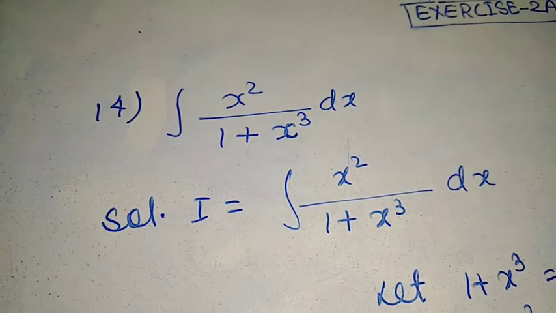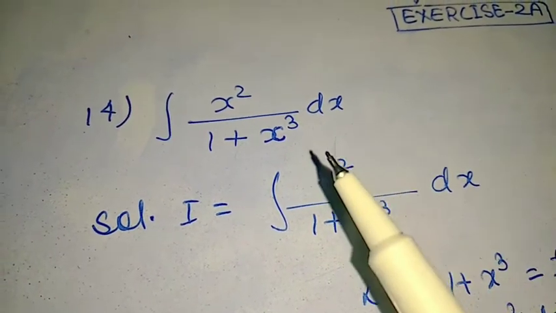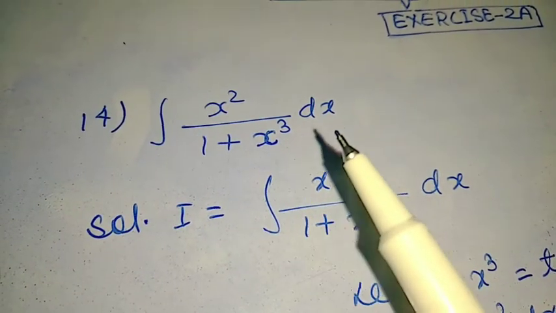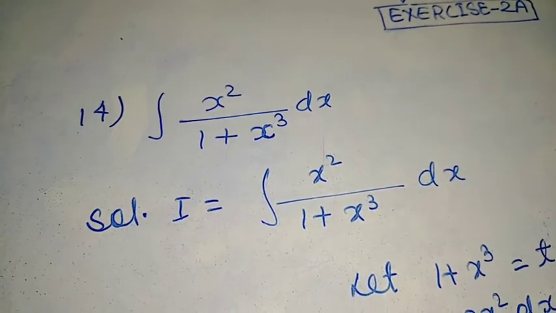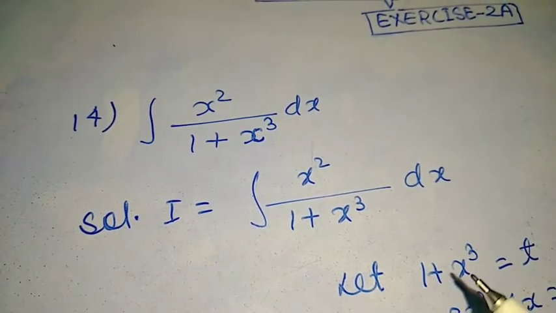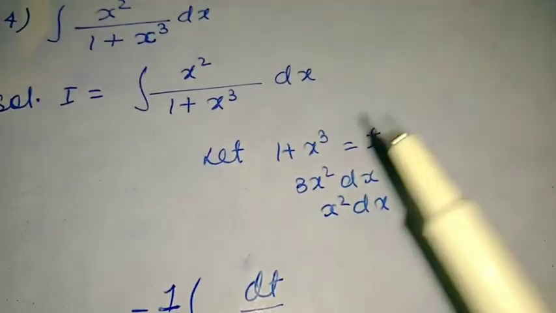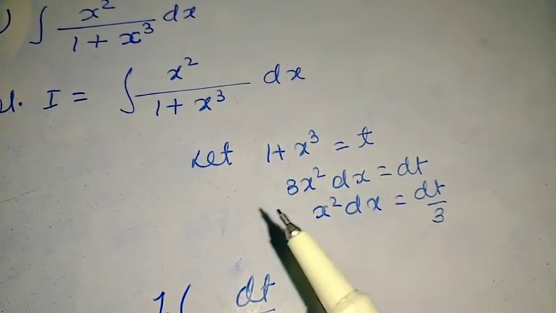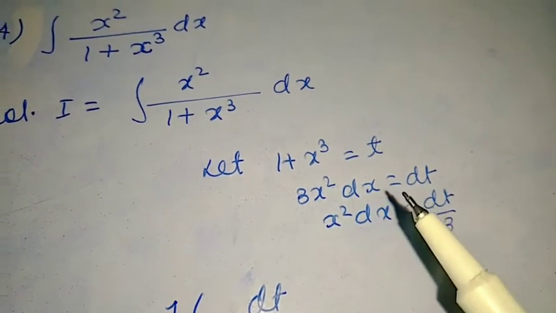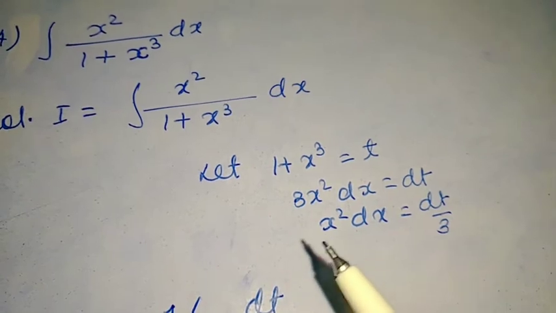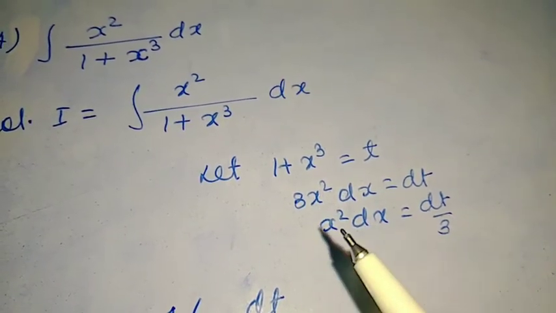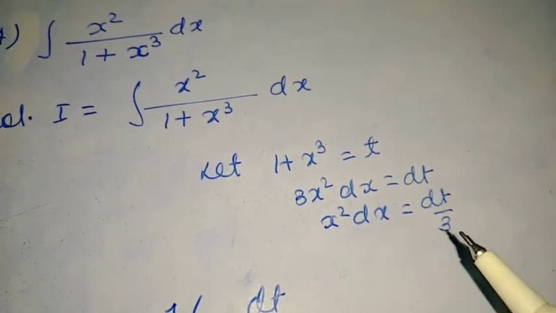Now you can see question number 14, which is integration of x square upon 1 plus x cube dx. For solving this question, we can put t in the place of 1 plus x cube. If we differentiate both the sides, it will be 3x square dx is equal to dt. So we can write it as x square dx is equal to dt upon 3.